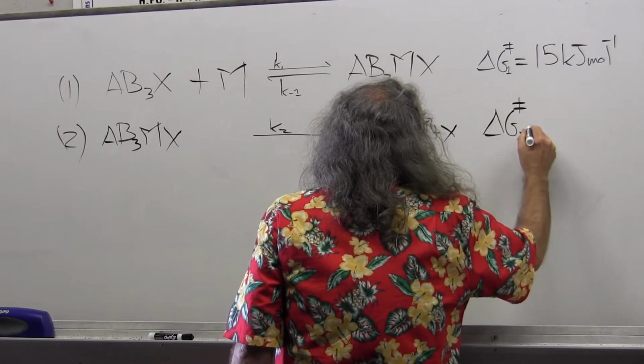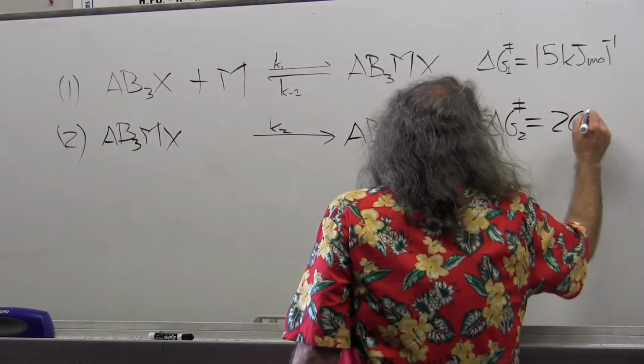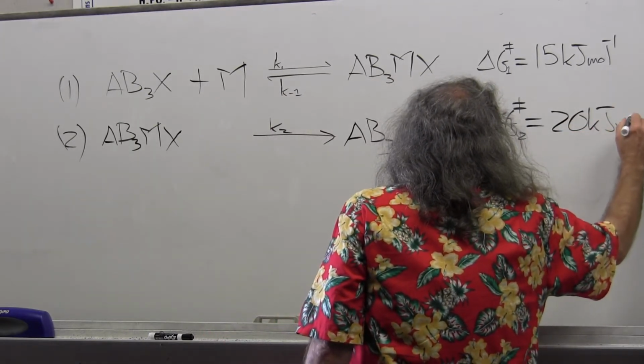And delta G2 double dagger is equal to 20 kilojoules per mole.